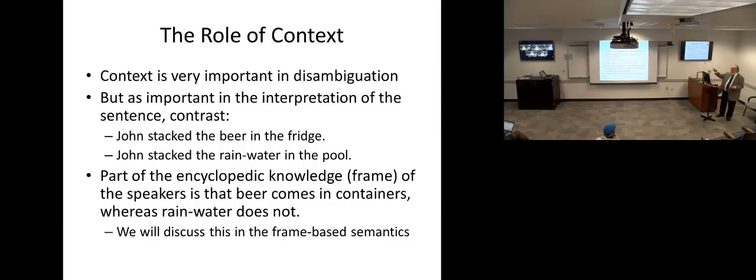Now, when you read beer for the first time, did you think, of course it comes in stackable containers? No, not for a second, okay? That is not part of the meaning of the word beer, okay? If I ask you, tell me what is the meaning of the word beer, you'll say it's a liquid, it has alcohol, it's golden colored, it is slightly bitter, a little foamy, people drink a lot of it, you know, it's fun.